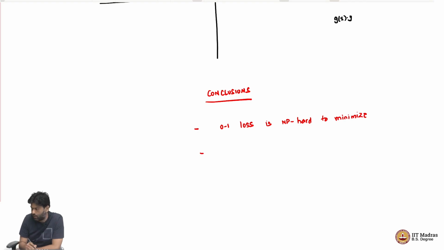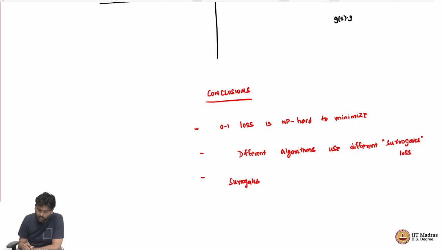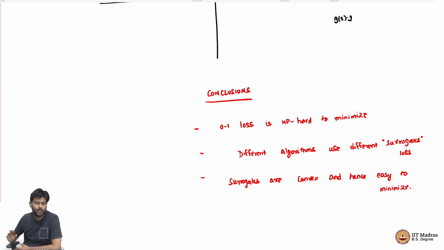The second point is different algorithms use different surrogate losses. Surrogates are convex and hence easy to minimize. This is the main idea.